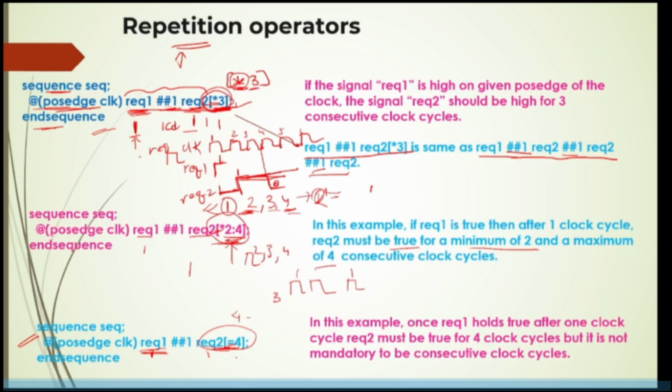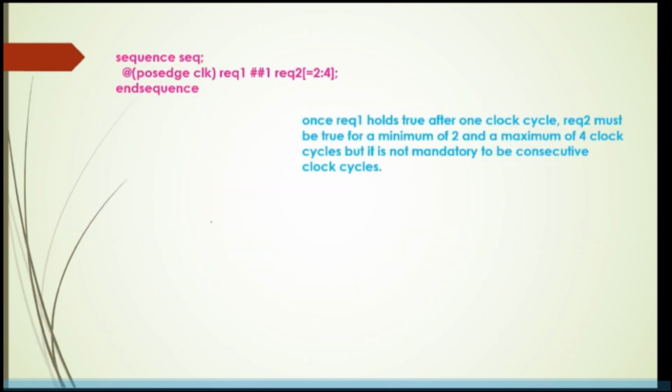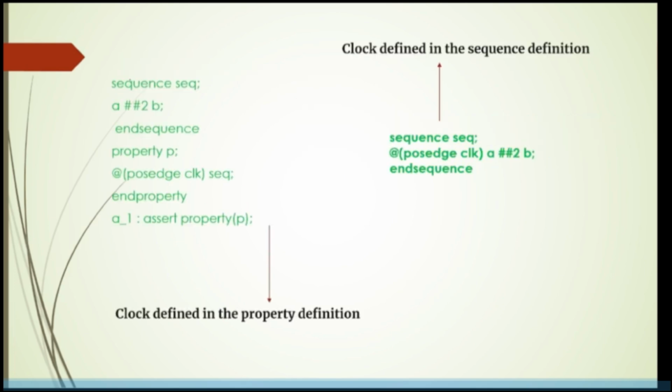Similarly, here equal to means it should be high for 4 clock cycles, but it is not mandatory that they are continuous. Similar for this also within the range. It can be high for either 2, 3 or 4 clock cycles, but they need not be consecutive in nature. Clear? So this is how you will be writing the sequence.